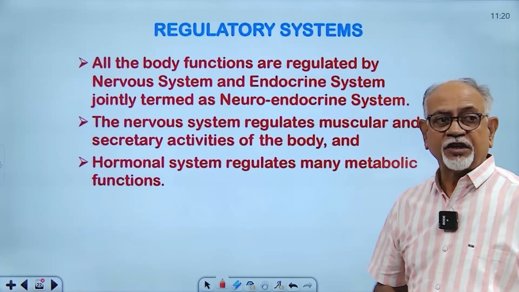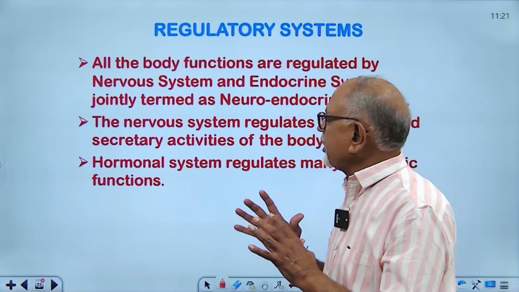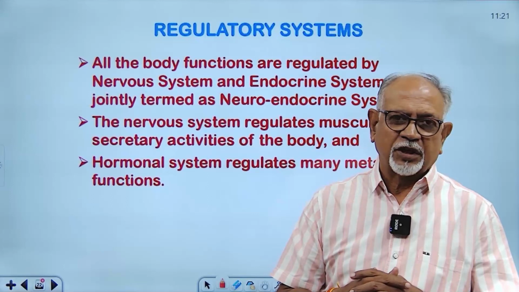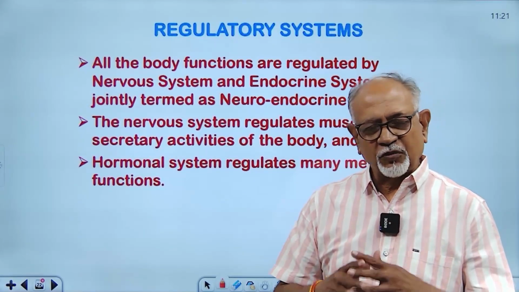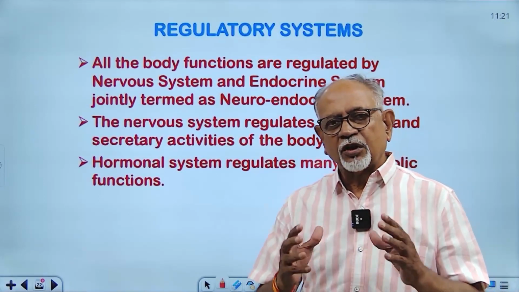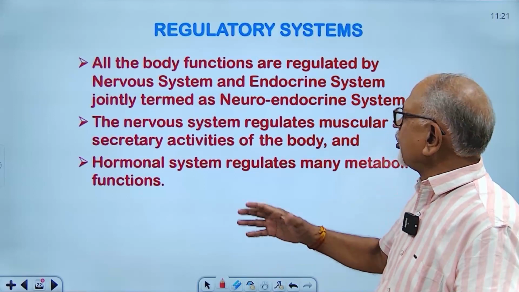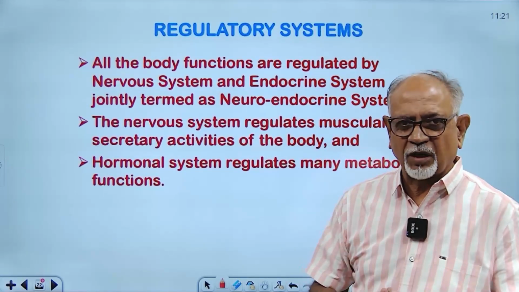Now, regulatory systems. Just to maintain the best possible and optimum conditions in the different parameters, there are certain regulatory systems in our body which function to regulate all these parameters.